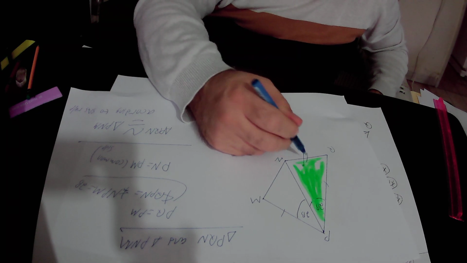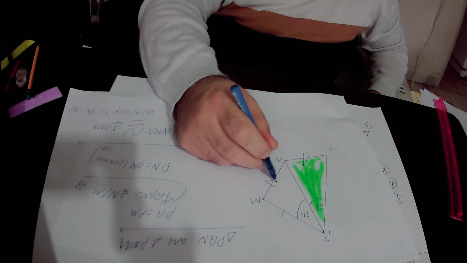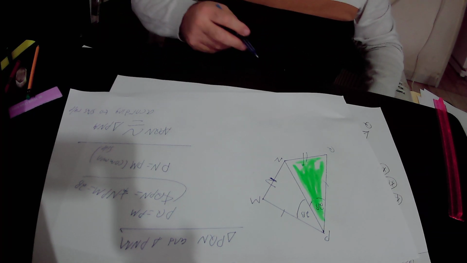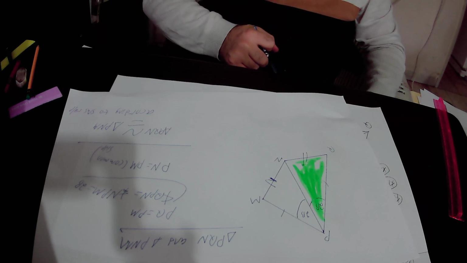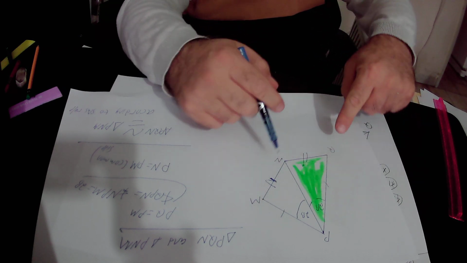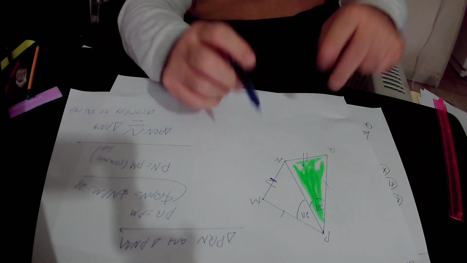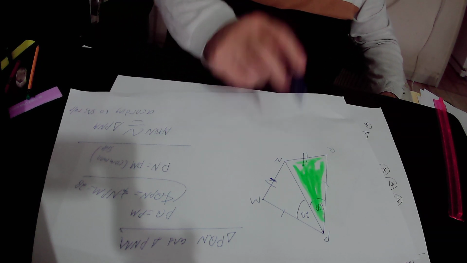QN equals NM. According to the rule that corresponding sides in congruent triangles are equal to each other, those two triangles are congruent, therefore the corresponding sides QN and NM will also be equal to each other. So QN equals NM.